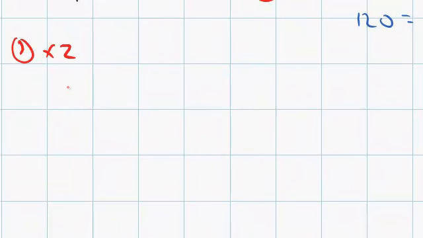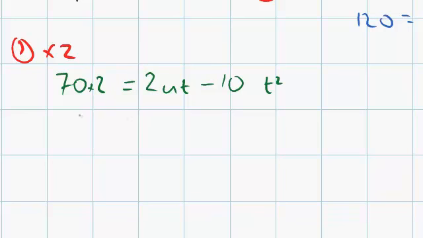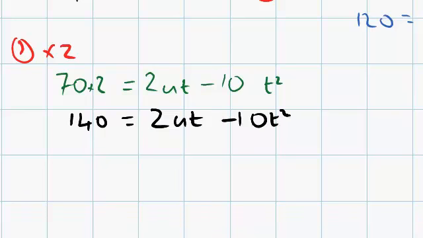What happens when we do that? Let's have a look. So we'll have 2 by 70 is equal to 2ut minus 10t squared. So 140 is equal to 2ut minus 10t squared.